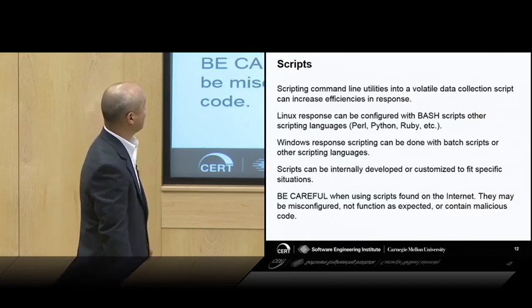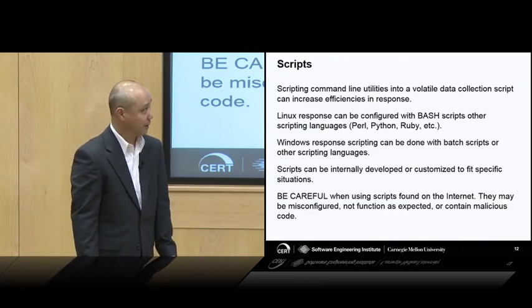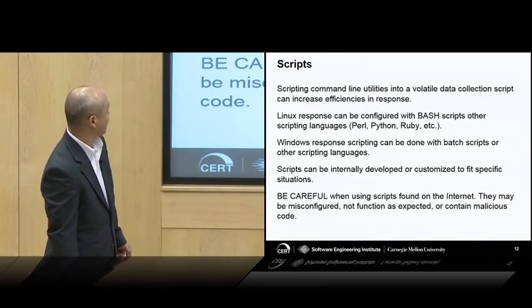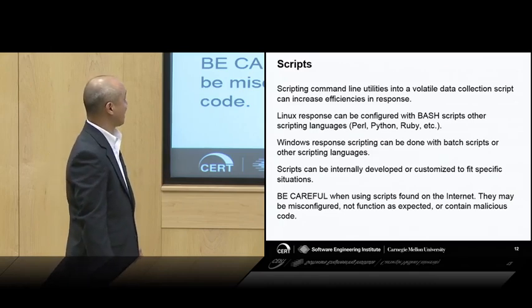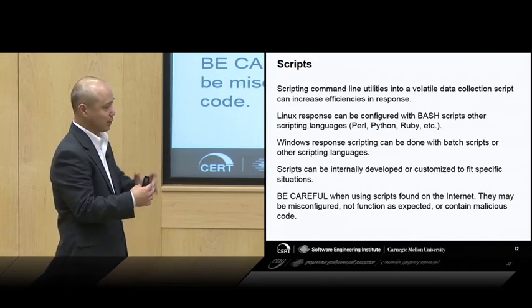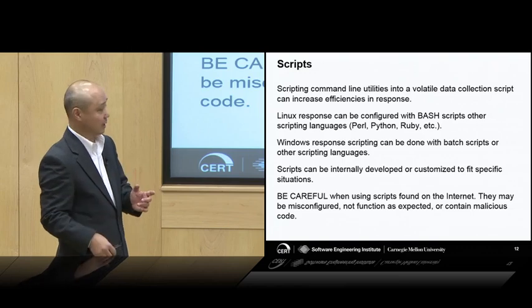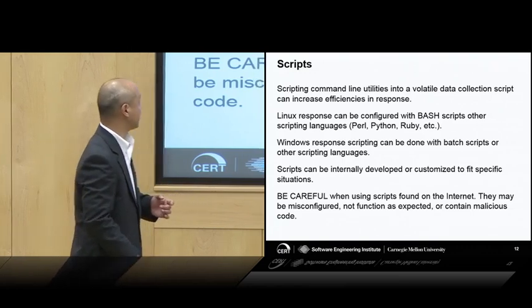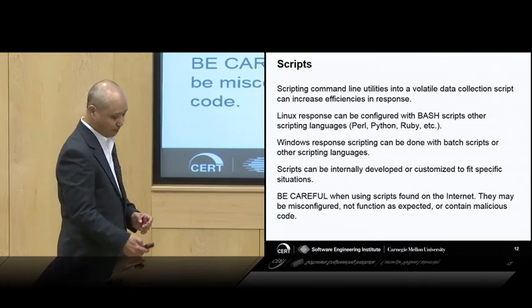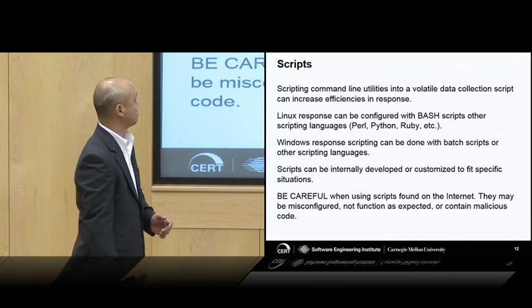Scripts are quite handy, as those of you that have used them before know. In Windows, you have batch files, batch scripts. Essentially, those are a list of commands, some of those that I mentioned, that you put in one file, and you can run it, and they'll run pretty much sequentially. In the Linux world, they use bash scripts, the Bourne-again shell scripts.